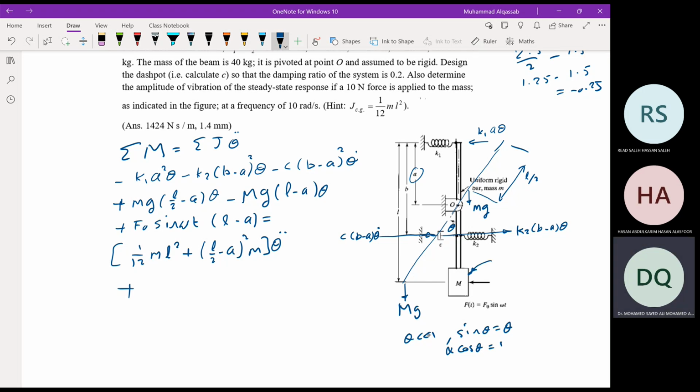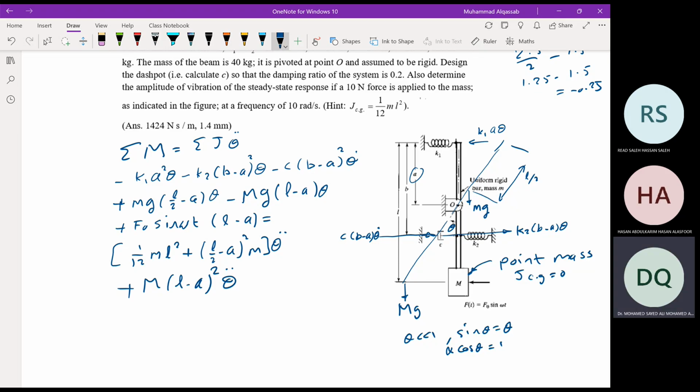We will take this as a point mass, which means that J CG is 0 for this. Then we have only M times L minus A squared times theta double dot.